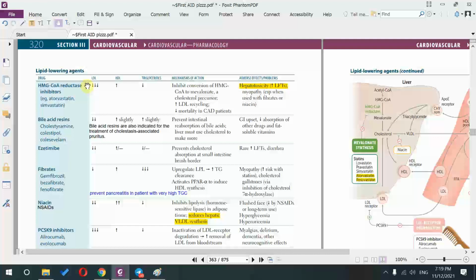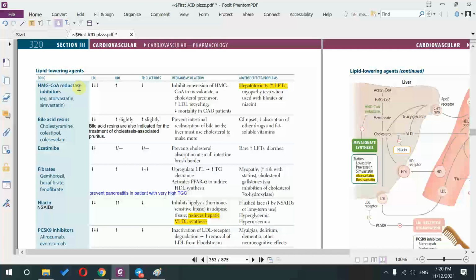They also do decrease the triglyceride, but if they ask you what is the best drug to decrease the triglyceride, the answer is fibrate. While the best to decrease LDL, and this is relatively cheap, is the HMG-CoA reductase inhibitor.